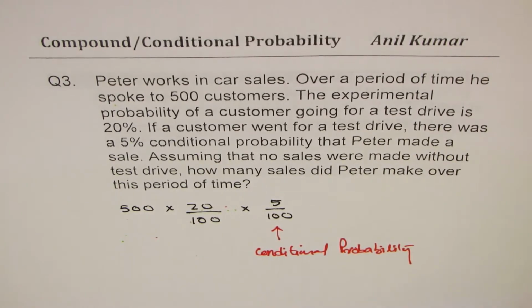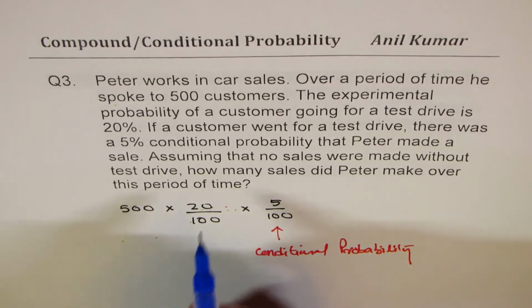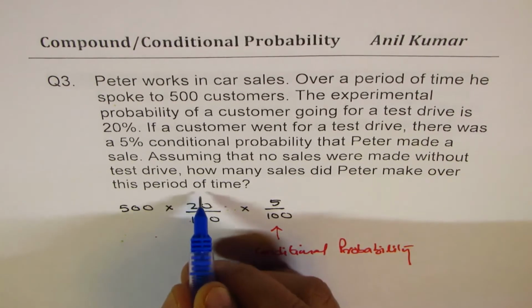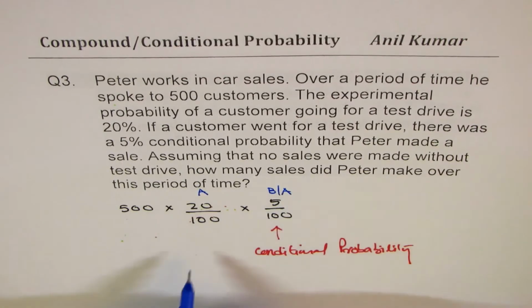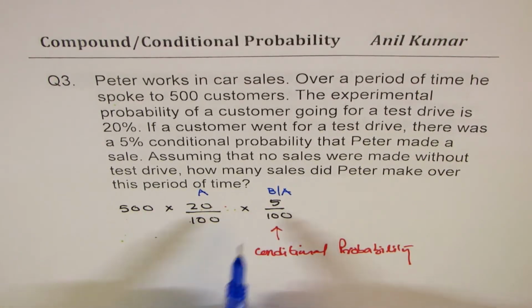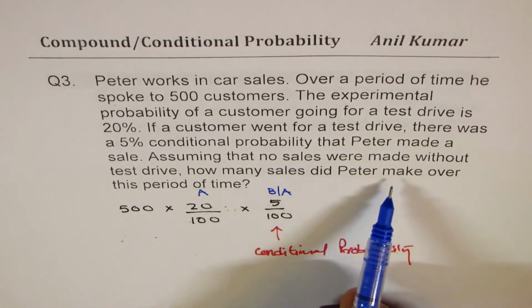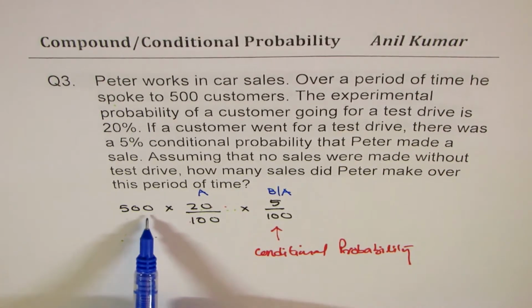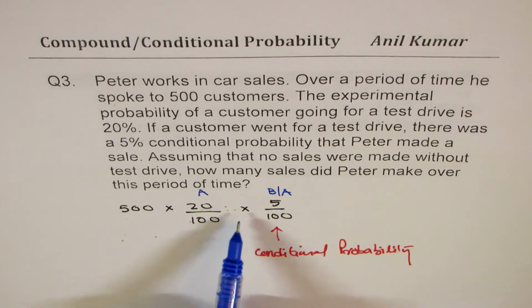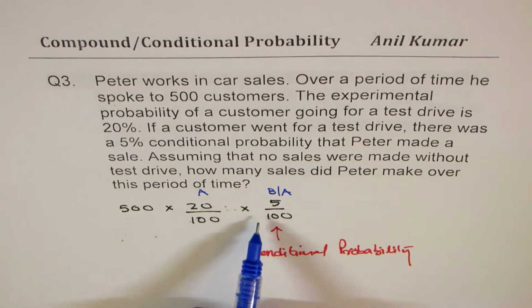Right? So that is to say, if I'm choosing event A and this is event B when A has occurred, do you see that? So how many sales did he make? Those were the contacted people. So 500 times 20 over 100 times 5 over 100 gives you the result, right?